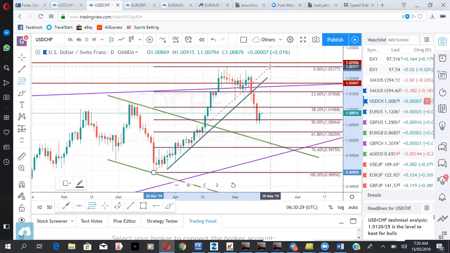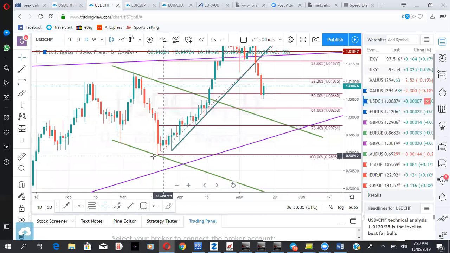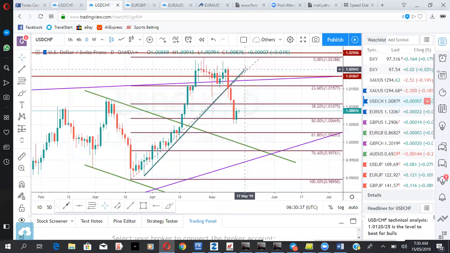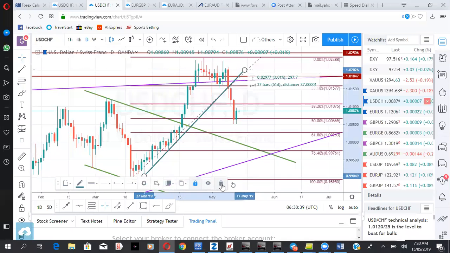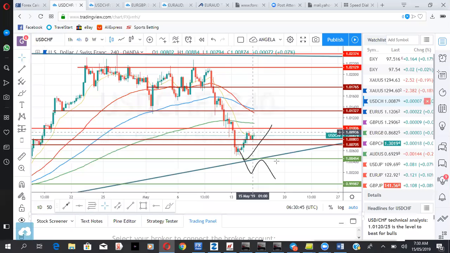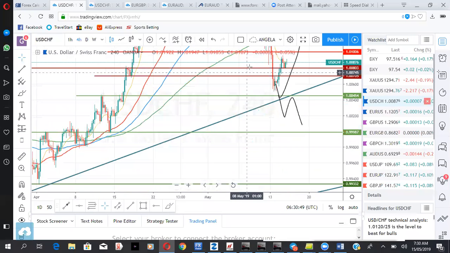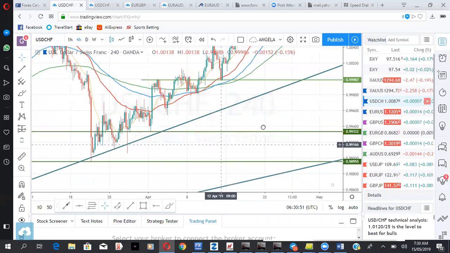If I apply my Fibonacci, precisely 50% of this move from this point to this high, price is just sitting at the 50%. So we might see a move higher. So knowing that, I drop down to my intraday marked up chart. As you can see, there is a trend line here.